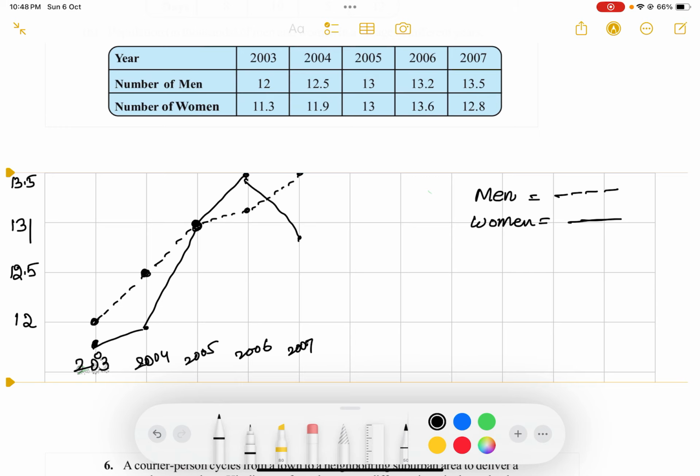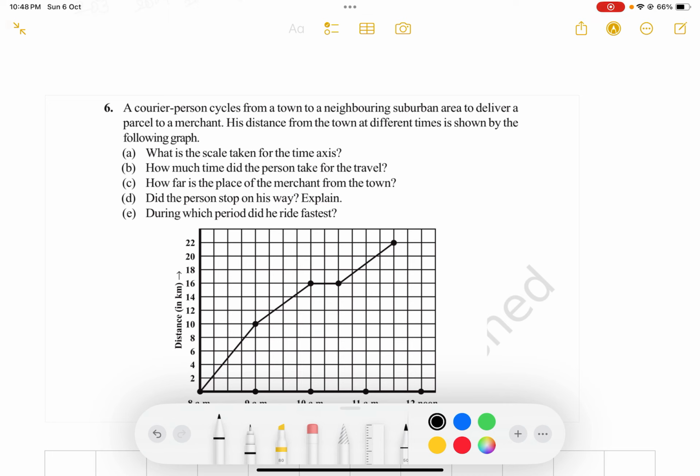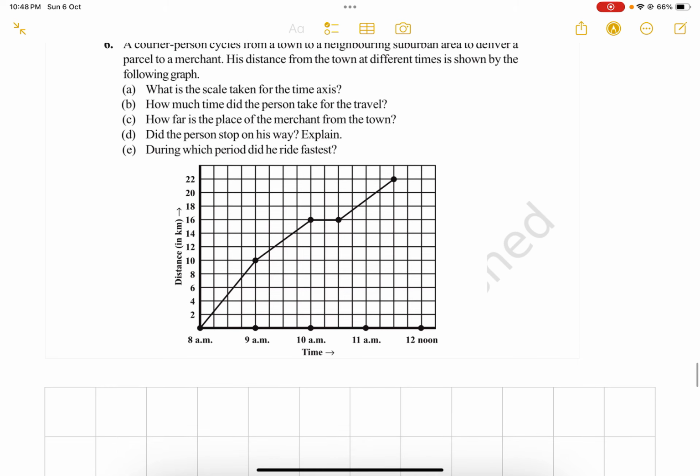Now one more question is there. A courier person travels from a town to a neighboring suburban area to deliver a parcel to a merchant. So his distance from the town at different times is shown by the following graph. So what is the scale taken for the time axis?